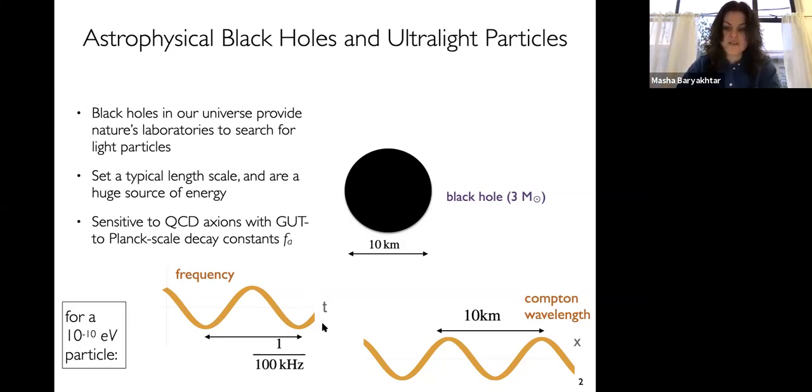This corresponds to particle Compton wavelengths of 10 kilometers. So these are very macroscopic, very light particles, and their frequency will be in the kilohertz to hundreds of kilohertz range, and that will set the frequency of the gravitational waves that you can observe.